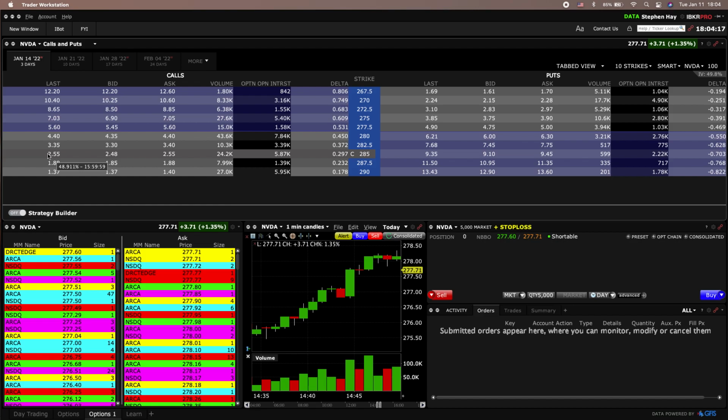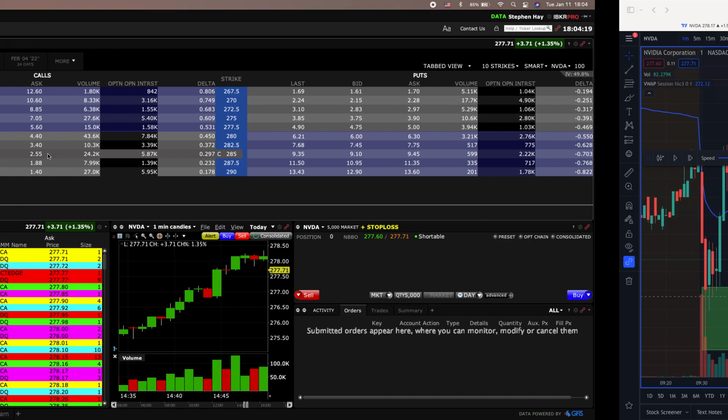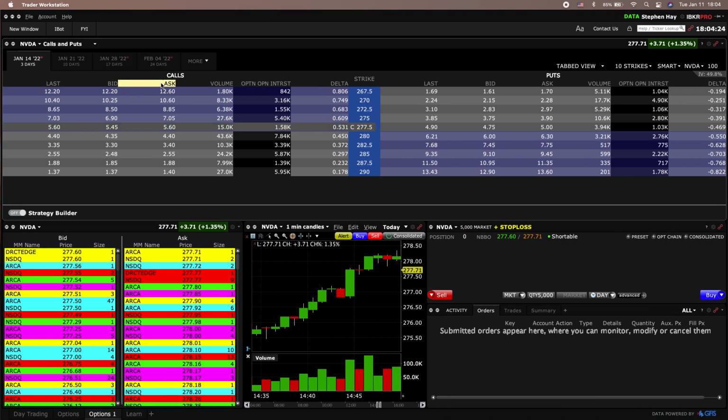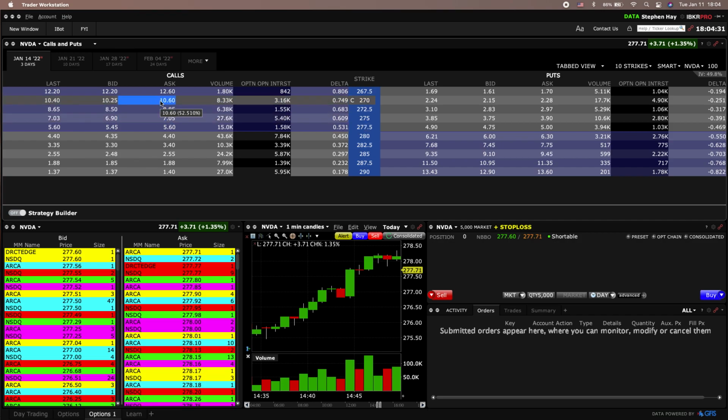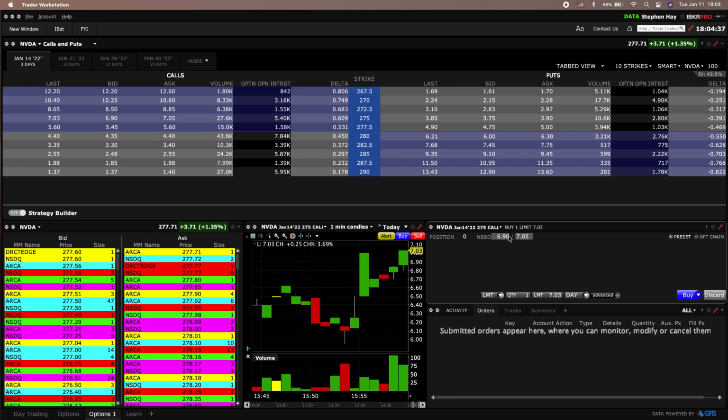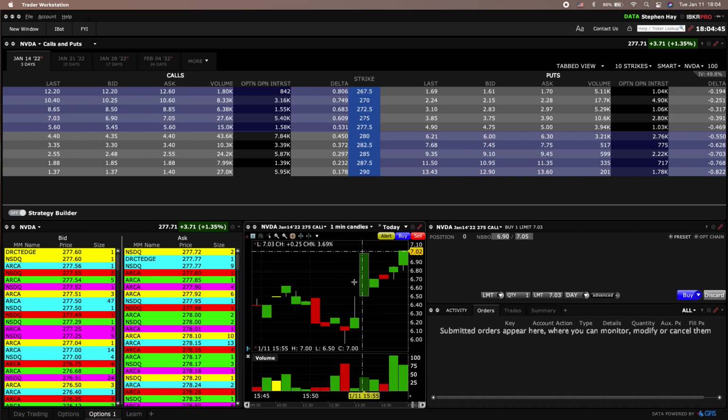So then what do I do now? Let's go to this example. 270, I'm going to pick a 275. So I go on my option chain here, option trader, and I'm going to click on the ask at 275. That's going to show the bid and the ask, and I have this chart here which tells me what the option's price was during the day.